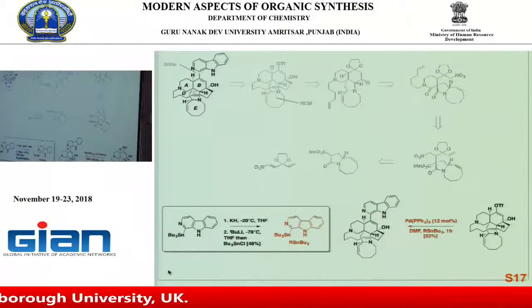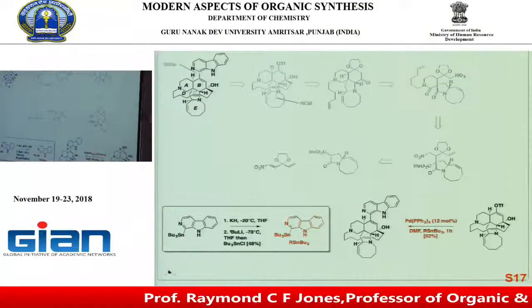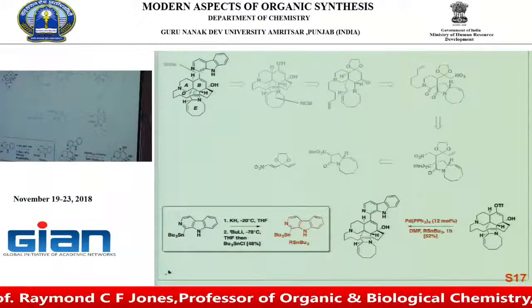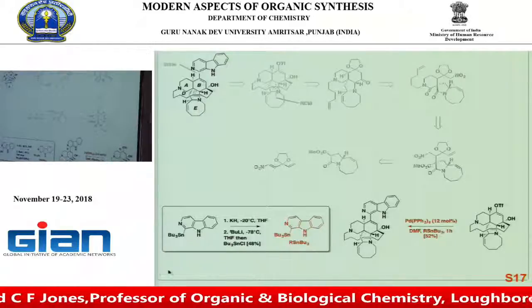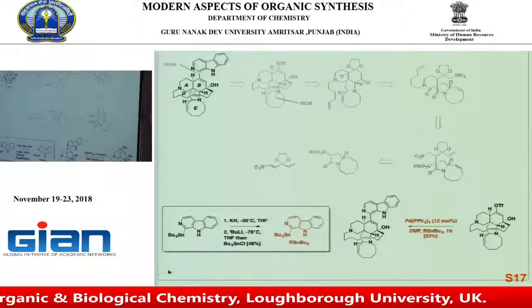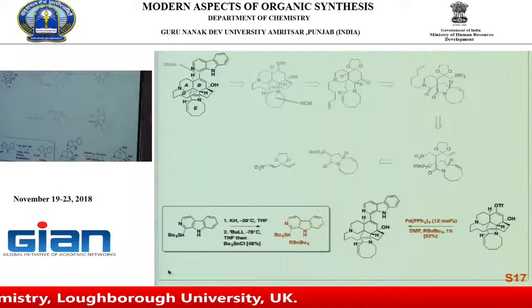Potassium hydride, which protects the nitrogen as an anion effectively, then tertiary butyl lithium, which does a lithium halogen exchange on what should be drawn as a halogen in this structure. I didn't notice the mistake until this morning. And then the lithium derivative on the pyridine is reactive with tributyl tin chloride to make the tin derivative you need for a Stille coupling.